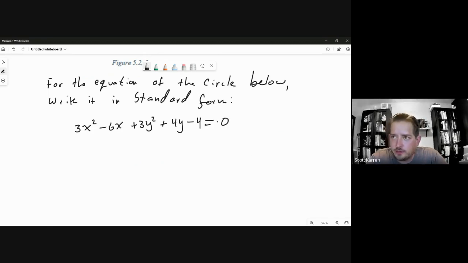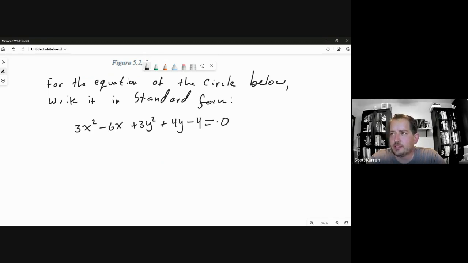And this is why standard form is nice, because when I look at this, I don't really know what I'm looking at. I do after many, many years of playing with these, of course, but it's hard to determine just from looking at this if it is going to end up being a circle.